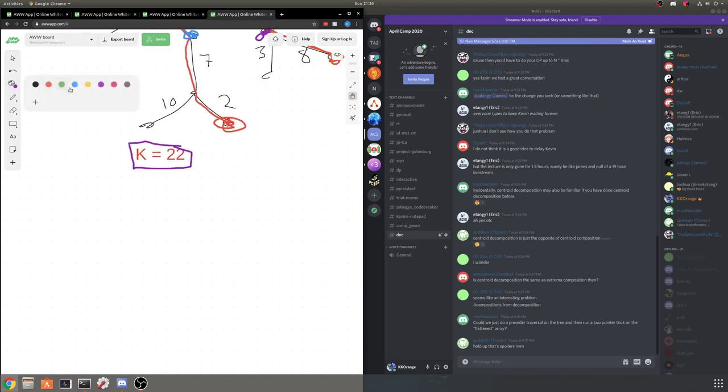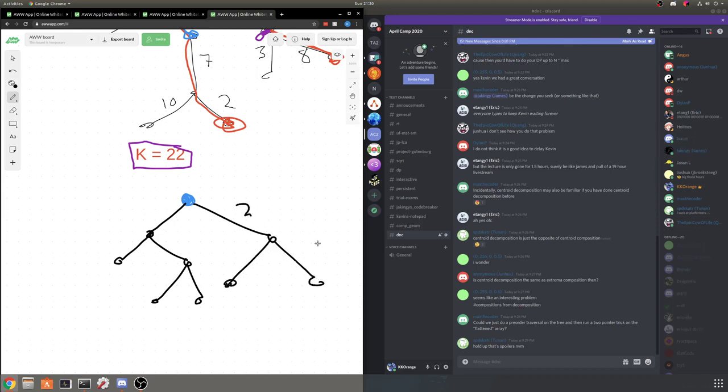Okay, so what we're going to do is root the tree here, and consider all the different path lengths that start at some node and end up at the root.